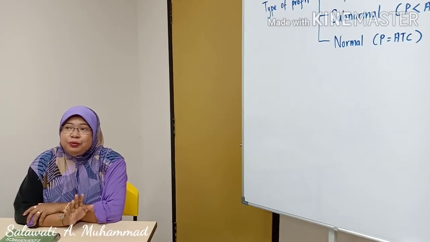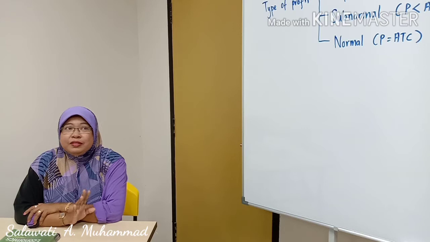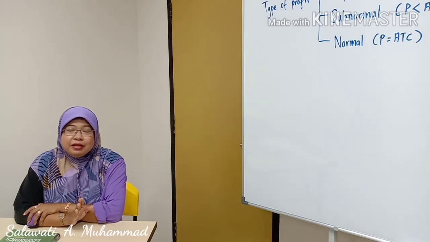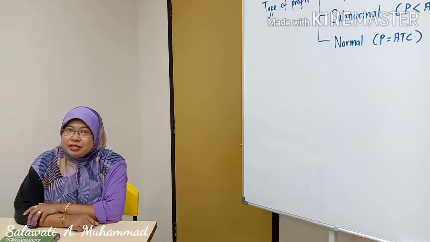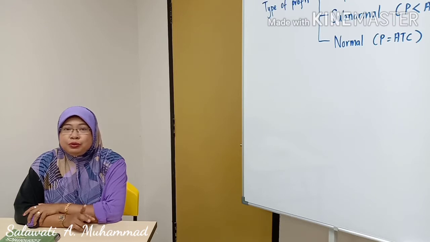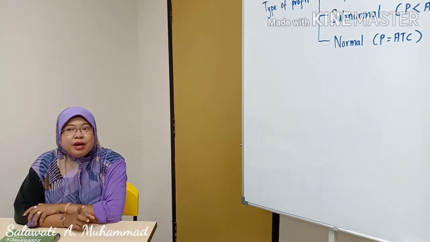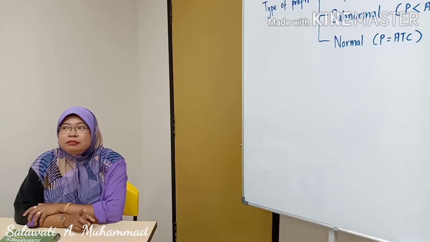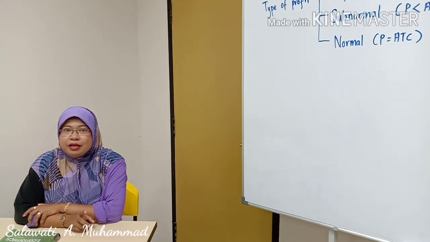Okay, we will discuss those profits according to the marginal approach. But before we go further, we need to understand how to identify the amount of profit when we are given a curve.